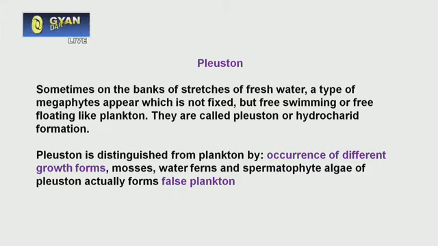But then what is the difference between plankton and pleuston? Pleuston is distinguished from plankton by the occurrence of different growth forms. They can be mosses, ferns, even certain spermatophytes.